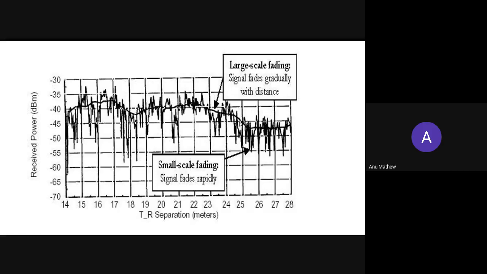This portion represents the small scale fading, where the signal strength fluctuates rapidly, from high to low. So in small scale fading there will be rapid fluctuations, and in large scale fading there will be a gradual decrease in the received signal power.